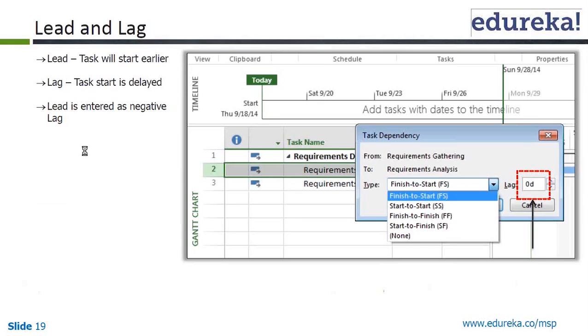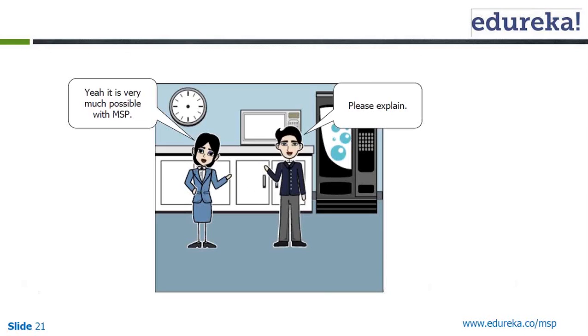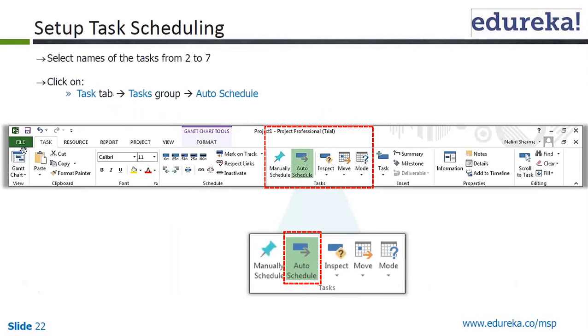Now coming to the next slide, it says, if I want MSP to schedule my task automatically, will it be possible? So yes, it is very much possible. So this is the way you can go and do the auto schedule. So let's do the way it is suggesting.